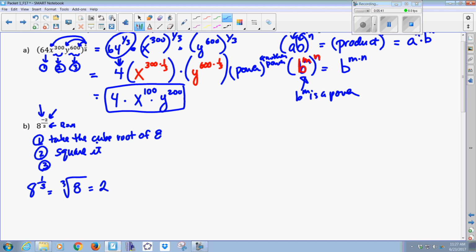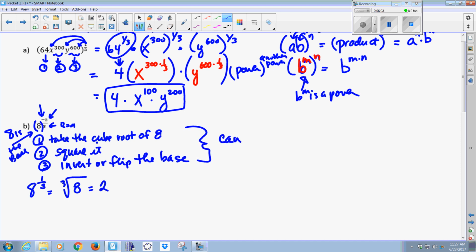When you have a negative exponent, you take your base, whatever your base happens to be. Remember, 8 here is our base. And you invert it. So you invert, or some of you like to say flip, the base. Now these 3 steps can be done in any order.